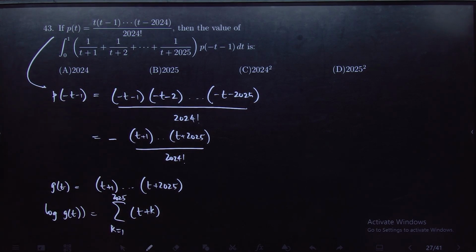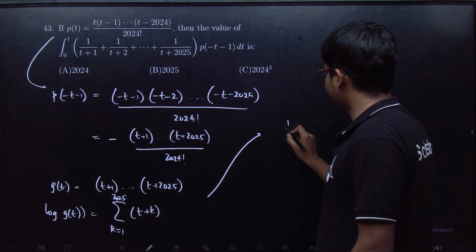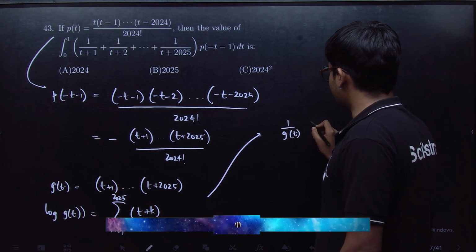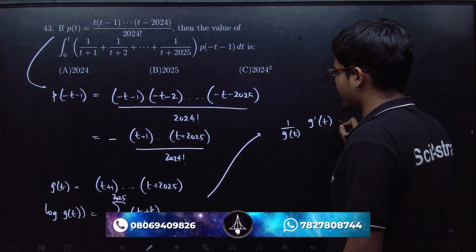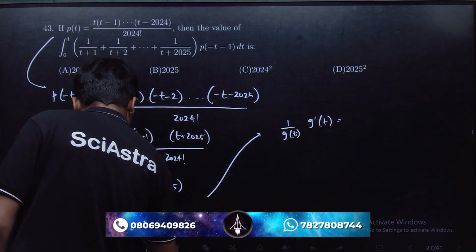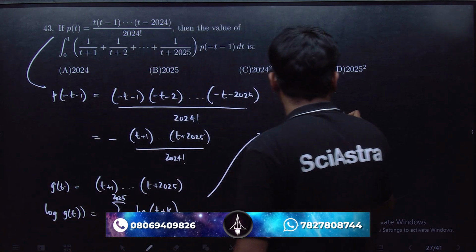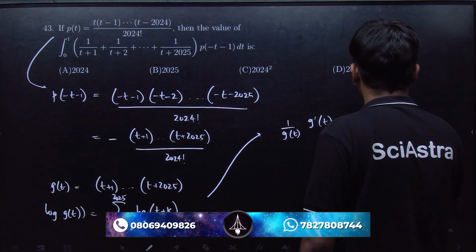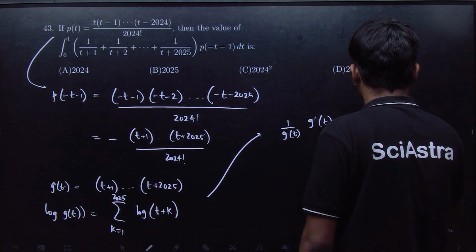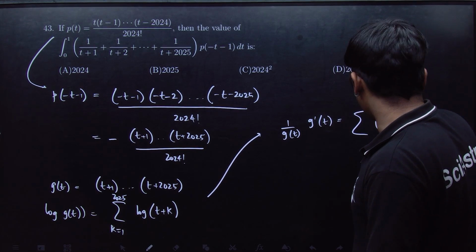Now if I differentiate this, what will I get? 1 by g t times g prime t is, you'll just get summation of 1 by t plus k. Yes or no? This is what we'll get.